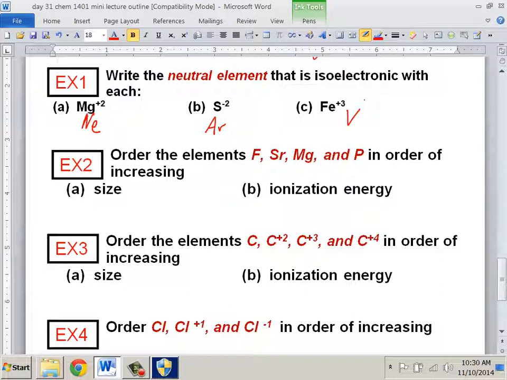And then order the elements in order of first increasing size, then ionization energy. This homework's not going to be too bad. Right, Connor? You're going to fly through this. So just remember the trends.